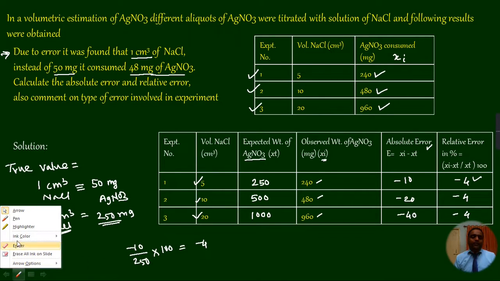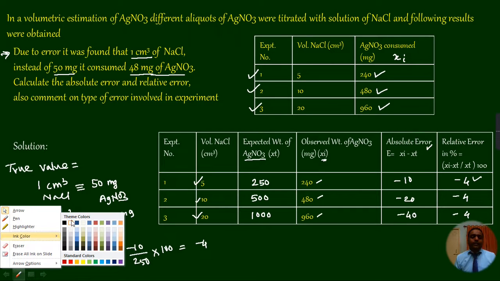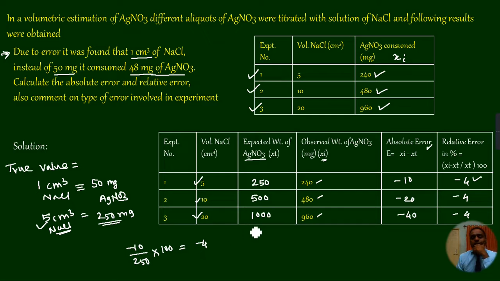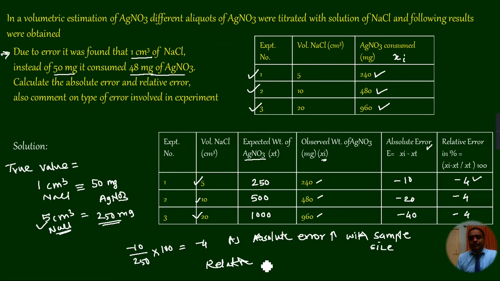So we can comment that in this example, the absolute error increases with the sample size and the relative error is a constant.